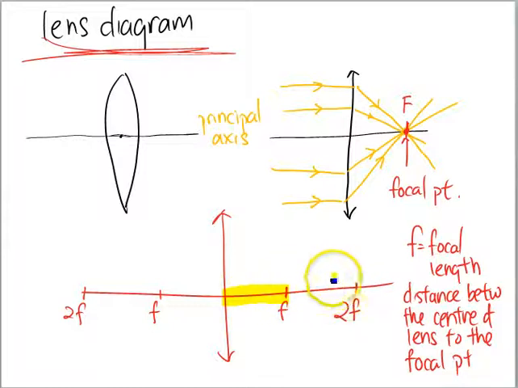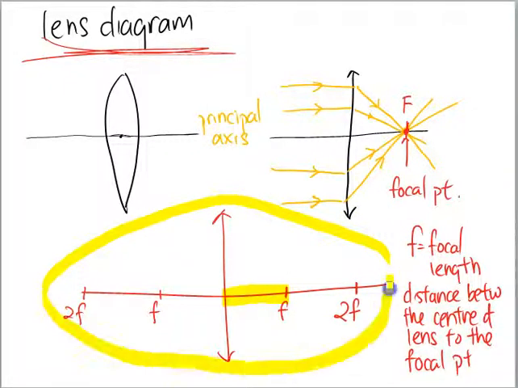There's nothing really significant about it. Just ignore all of that. Just know that it's double the focal length. That's all. So most of the time, whenever you want to draw a lens diagram, this is what you need for a start. This is definitely needed.